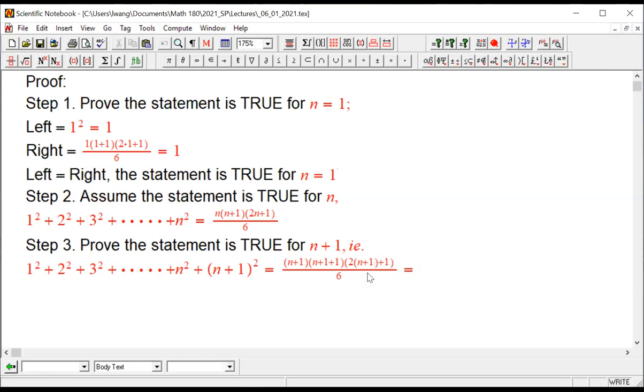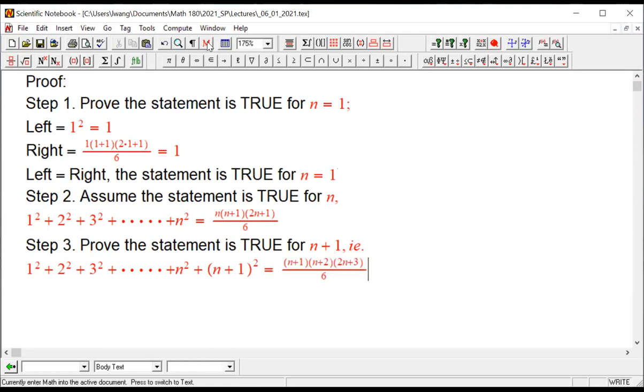And what does that equal to? So you can simplify the form, right? Just combine like terms, n plus 1. So this has become n plus 2. And 2n plus 2 becomes 2n plus 3. 2n plus 3.